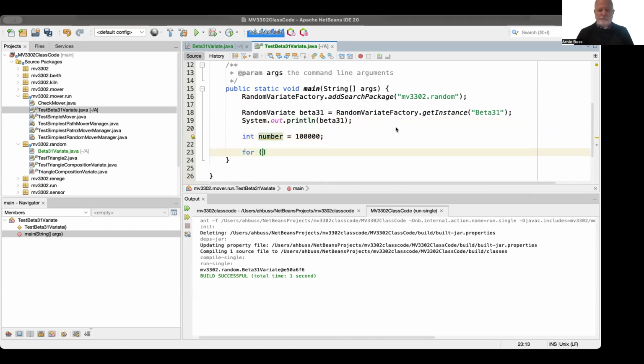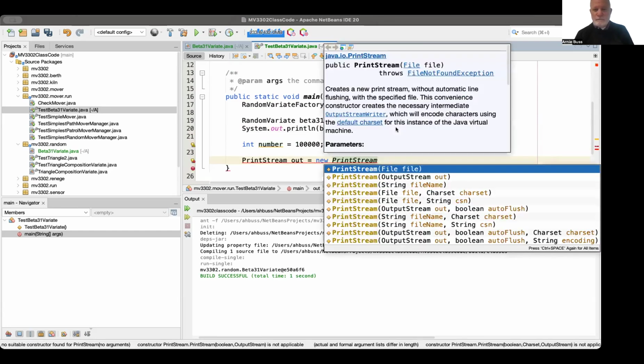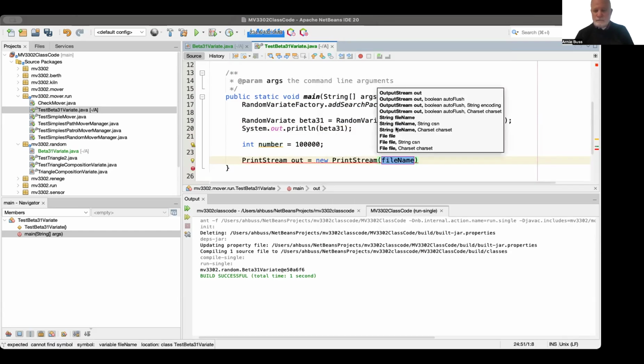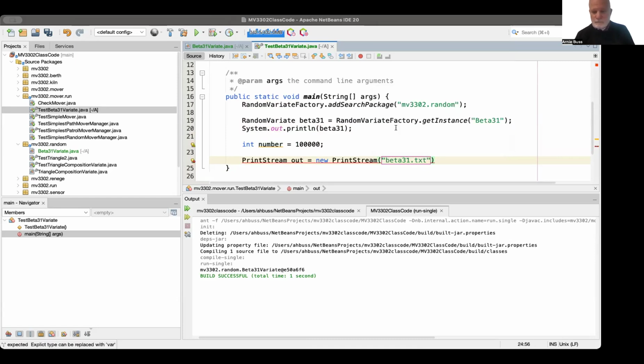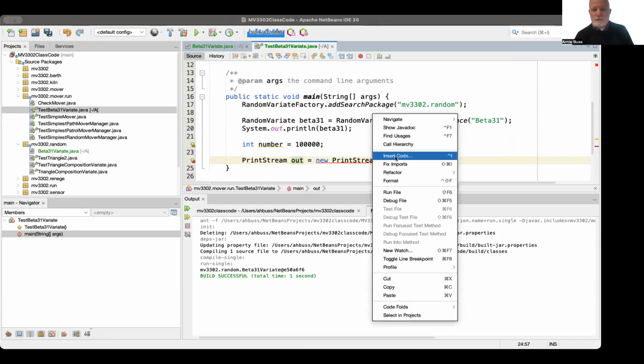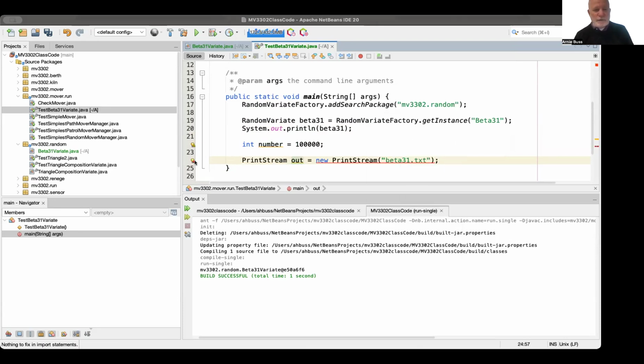Generate a bunch. Oh, where should we put it?